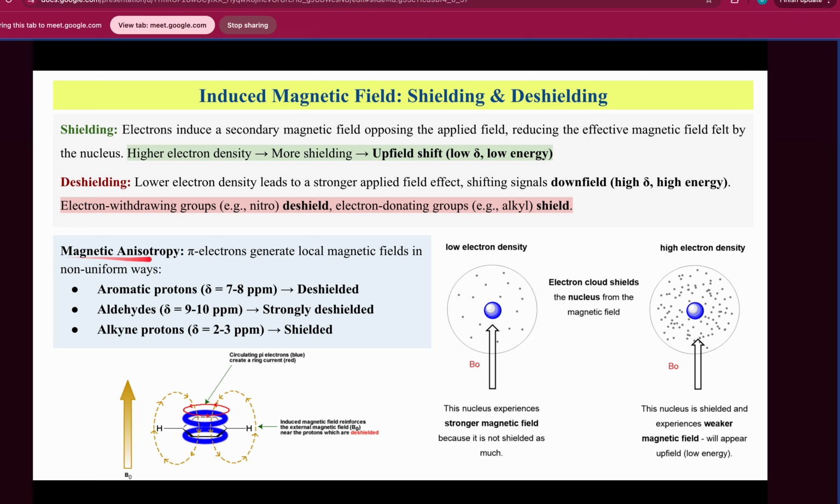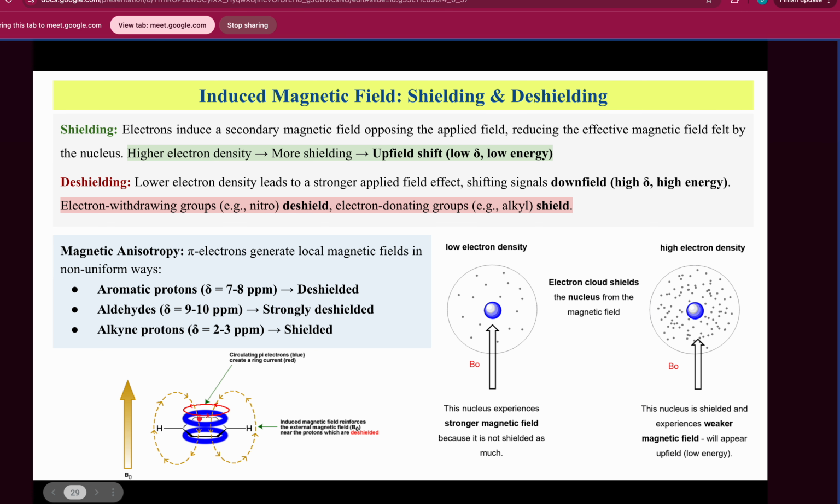Now another term is magnetic anisotropy. Pi electrons generate a local magnetic field in non-uniform ways, which is known as magnetic anisotropy. That means the induced magnetic field reinforces the external magnetic field near the protons which are de-shielded. In the case of aromatic protons, this represents the benzene ring, and the circulating pi electrons create the ring-like structure represented by this red line.